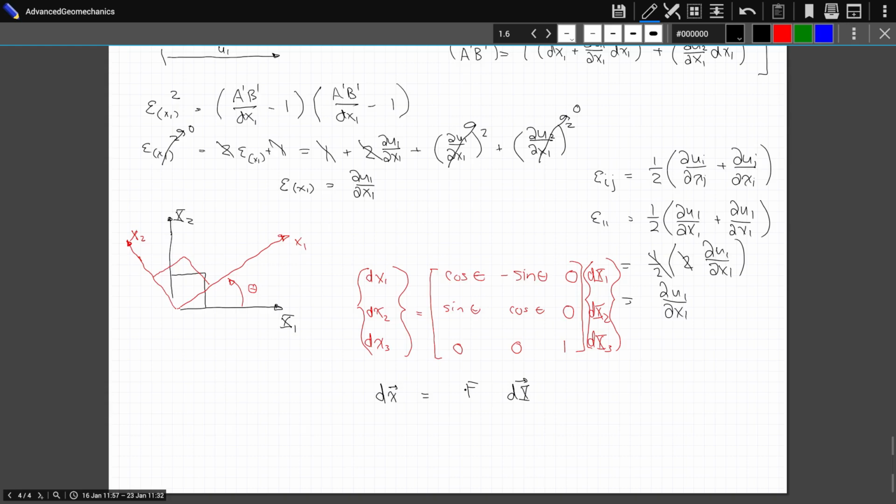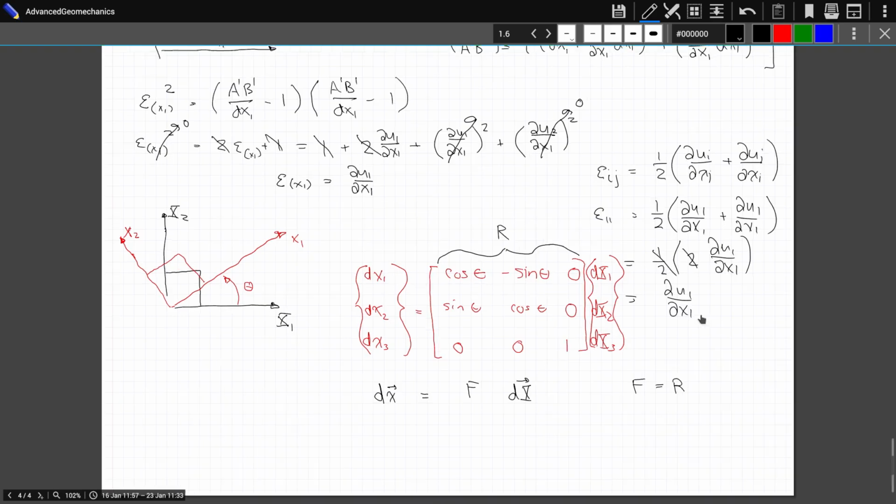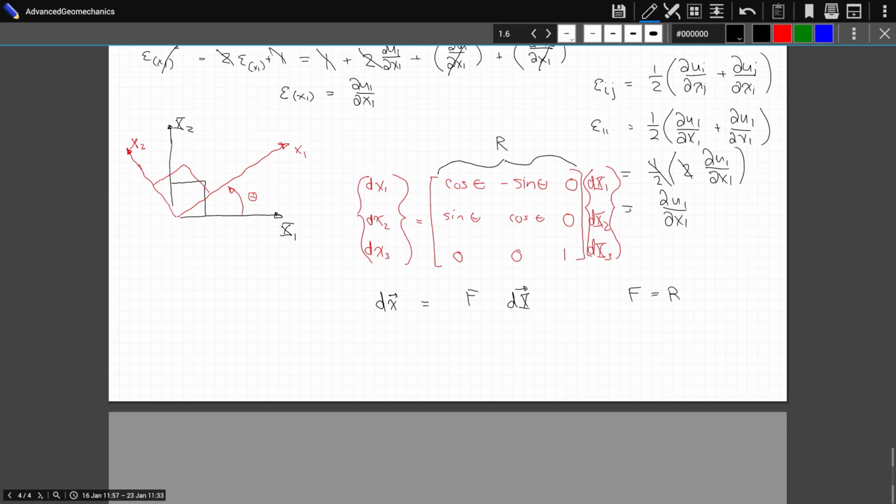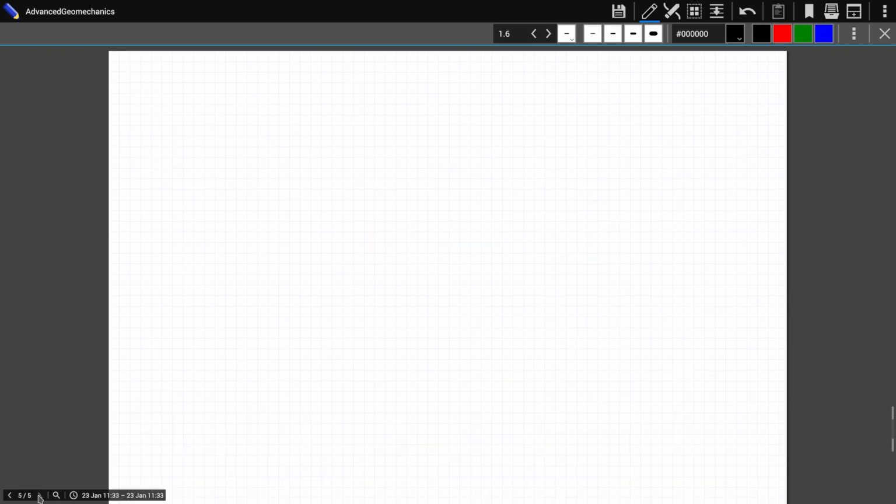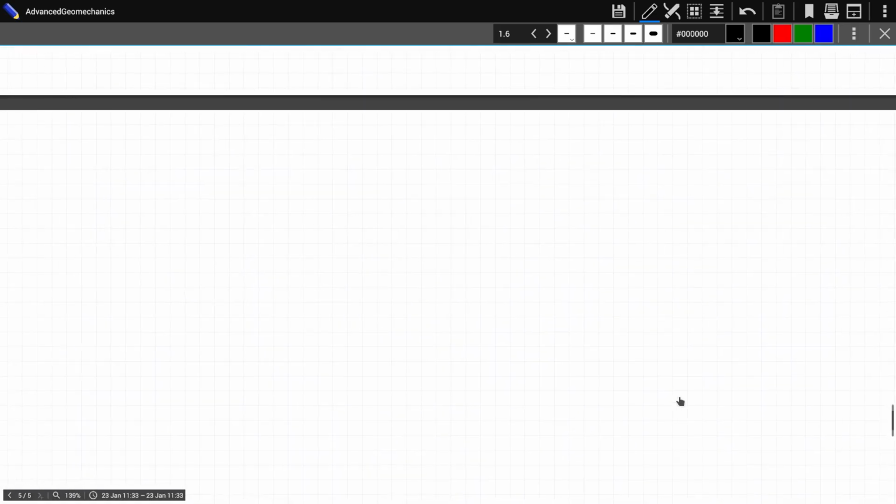It's just a pure rotation, right? So this is also known as a rotation matrix, right? And so in our case, our deformation gradient is just the rotation matrix. It's just a pure rotation, okay? So I think I better go to the next page for this.